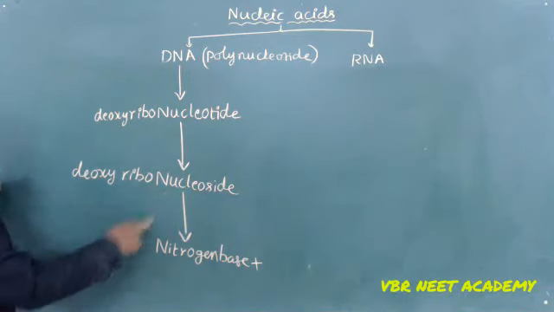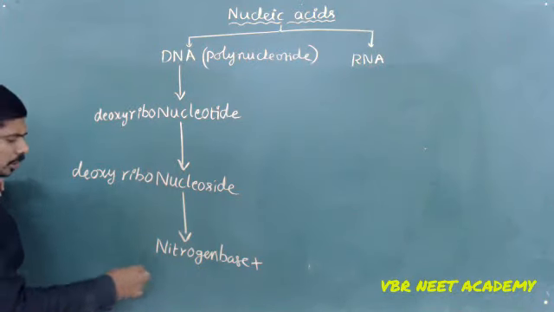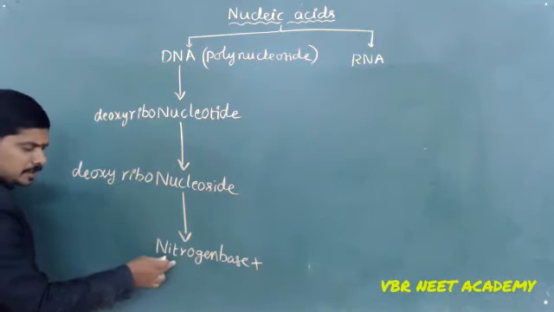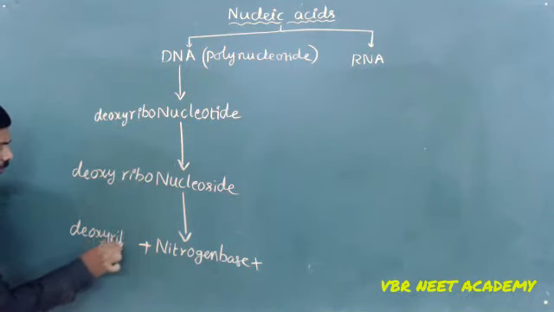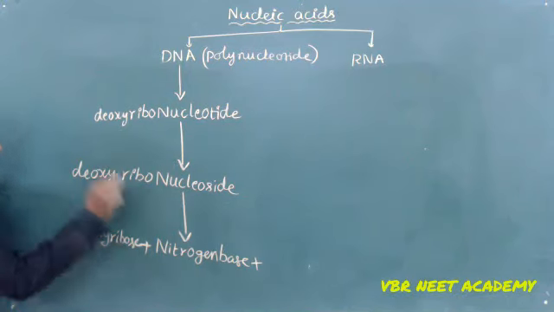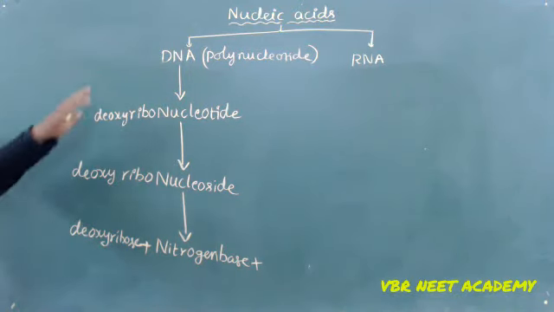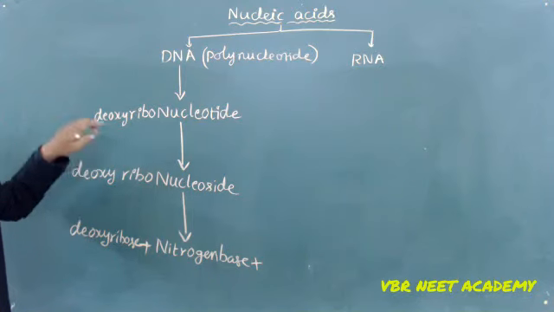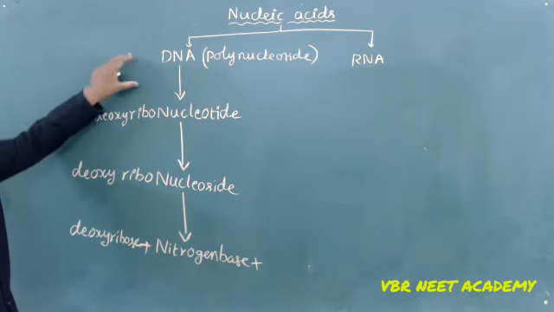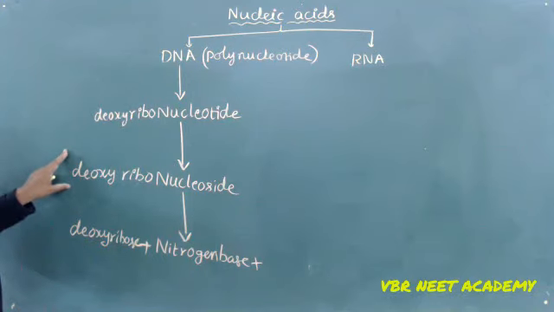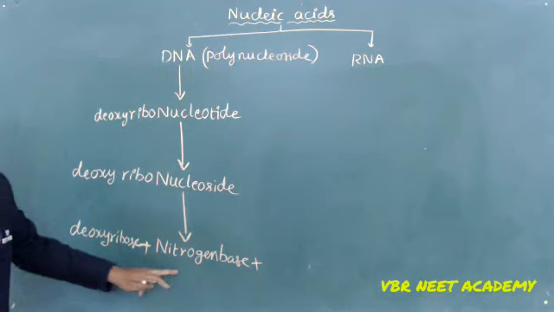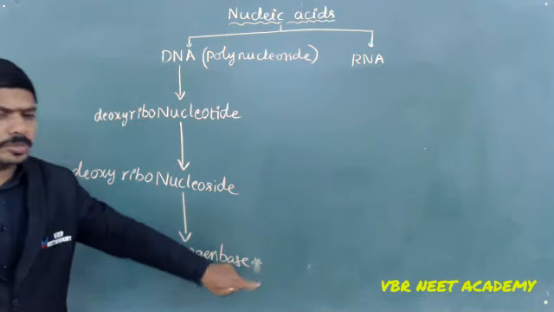Now this is hydrolyzed to give nitrogen base plus deoxyribose. Understand? This is the scenario in the structural peculiarities. DNA is formed by deoxyribonucleotides. Deoxyribonucleotide is formed by deoxyribonucleoside. It is formed by deoxyribose and nitrogen base. That is what we are going to have.